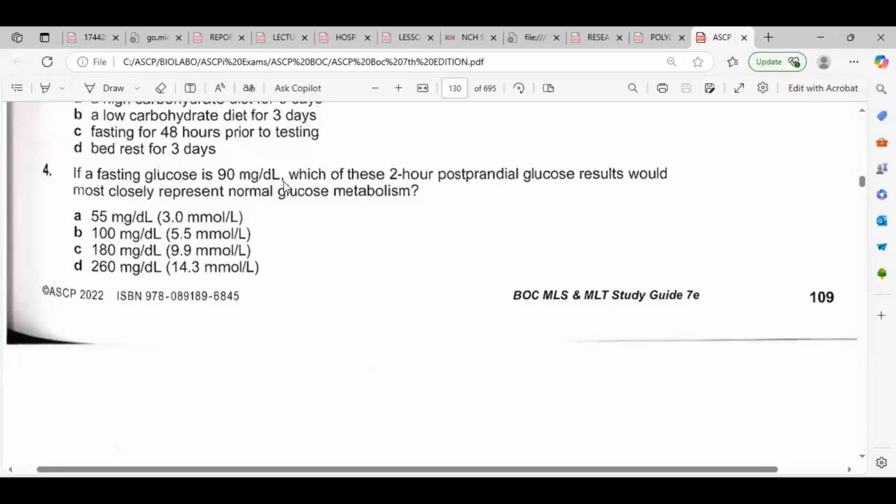And you give them 75 grams of glucose, then after 2 hours you test, and if the metabolism is good, this is a glucose tolerance. Postprandial is also the same. You give them a meal, and after 2 hours you test the glucose concentration. So what would be the normal range here?